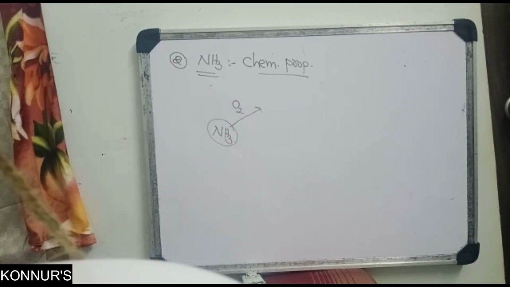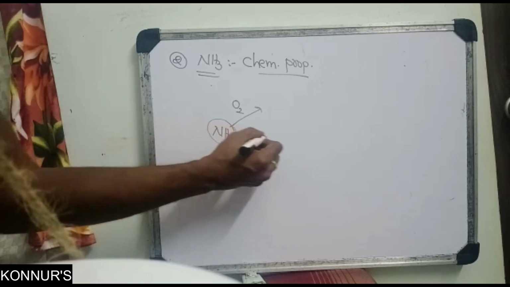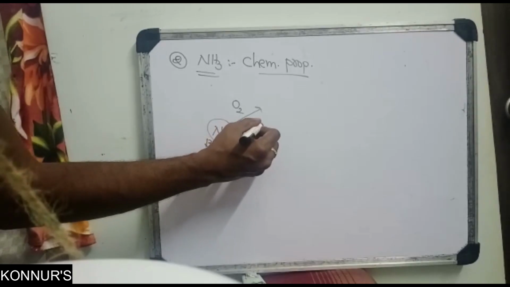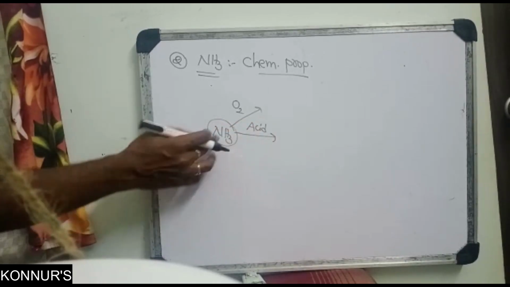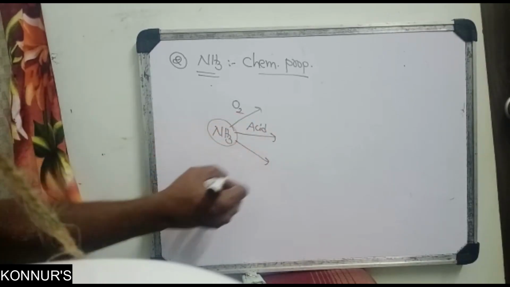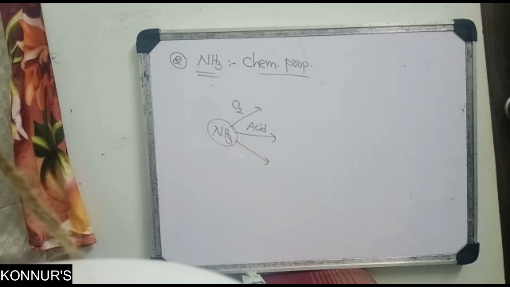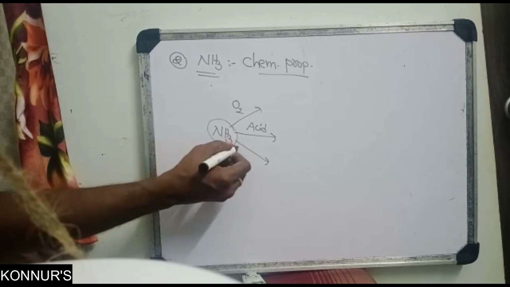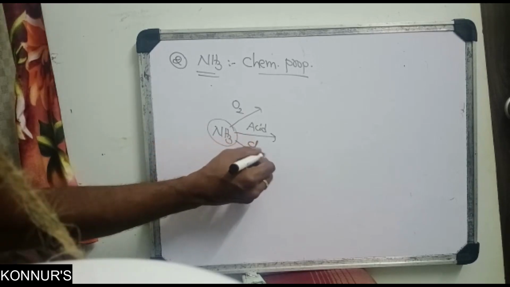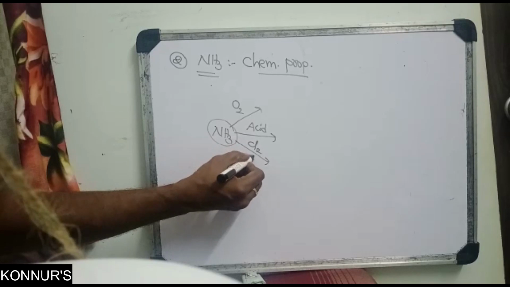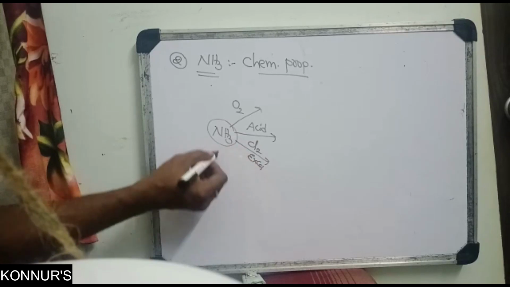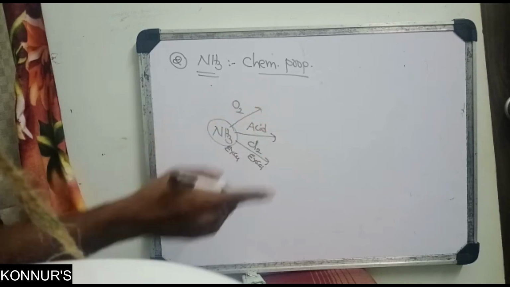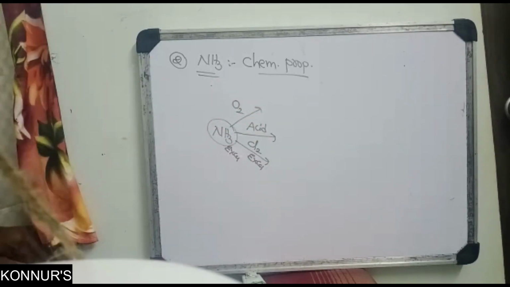Just take oxygen. So ammonia is a base. Ammonia being a base means it readily reacts with acids. Next, you can treat with excess chlorine. So chlorine is in excess. Otherwise ammonia is in excess. So two important reactions are there with ammonia.